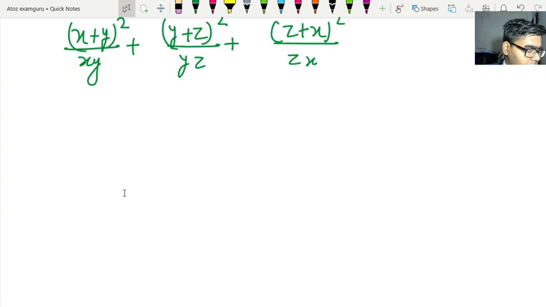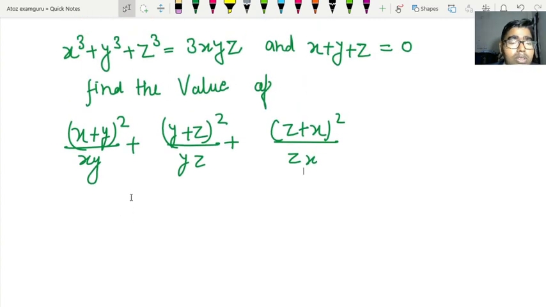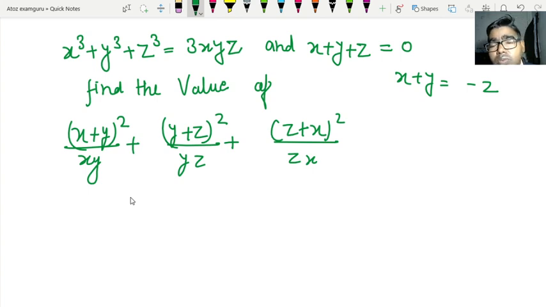First of all, what we will do, x plus y plus z is given to us, so convert simply, it is x plus y whole square, right friends? The x plus y plus z equal to 0, it means x plus y equal to minus z. In the second case, y plus z equal to minus x. Similarly, z plus x equal to minus y.